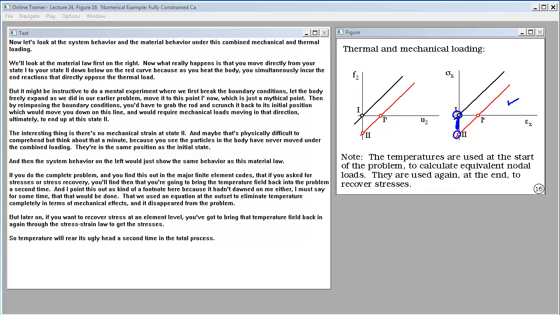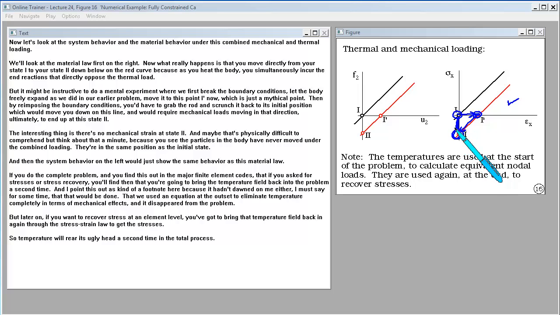But it might be instructive to do a mental experiment where we first break the boundary conditions, let the body freely expand as we did in our earlier problem, move it to this point 1 prime now, which is just a mythical point. Then by reimposing the boundary conditions, you'd have to grab the rod and scrunch it back to its initial position, which would move you down on this line and would require mechanical loads moving in that direction, ultimately to end up at this state 2.